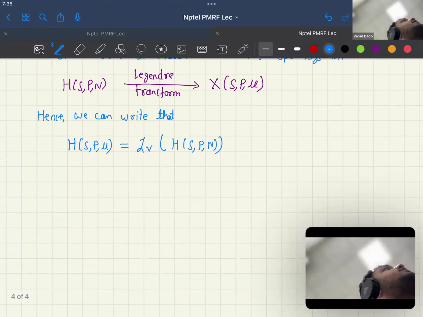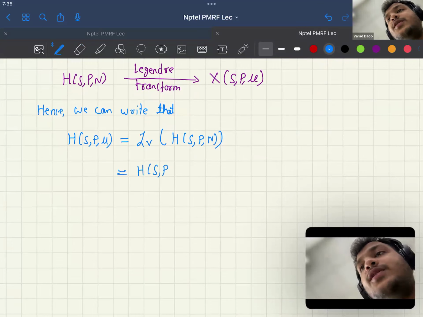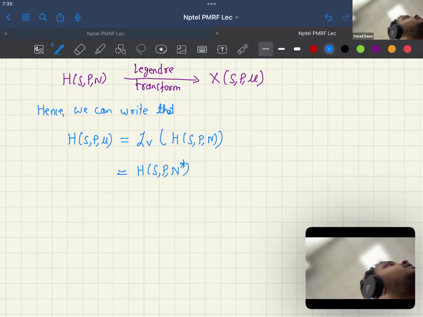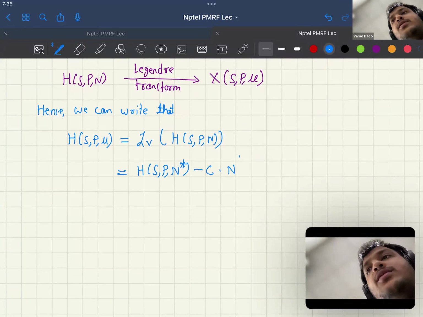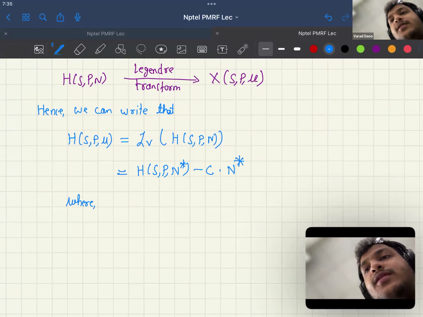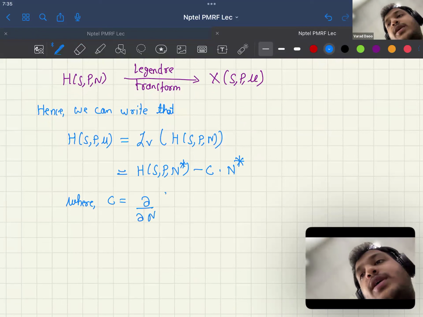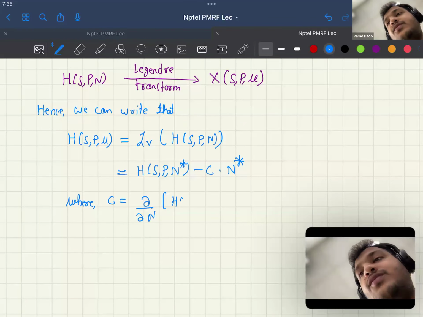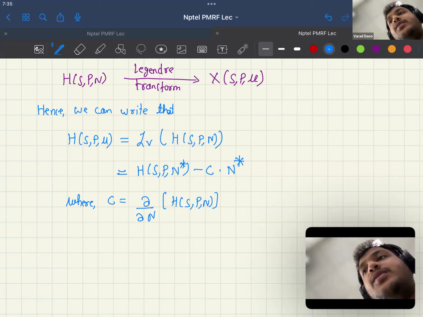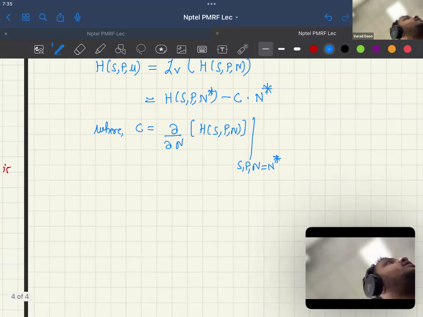So now let us take Lagrangian multiplier. This is nothing but H of S, P, N star minus C into N star, where C is equal to dou by dou N of H of S, P, N at S, P and N equal to N star, right?